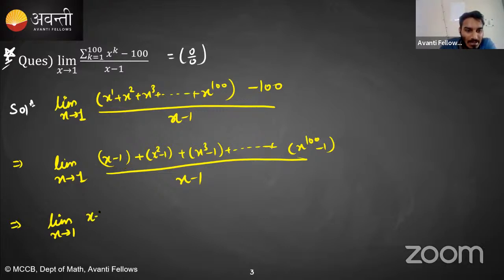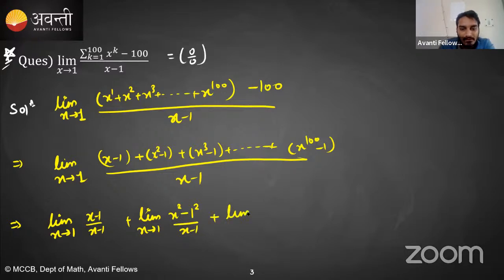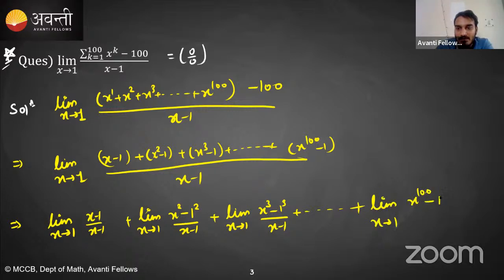So it can be written as limit x tends to 1 of x minus 1 upon x minus 1, plus limit x tends to 1 of x square minus 1 square upon x minus 1, plus limit x tends to 1 of x cube minus 1 cube divided by x minus 1, up to limit x tends to 1 of x raised to the power 100 minus 1 raised to the power 100 divided by x minus 1. So I have just separated the limit using the sum formula, which we saw in the last class.